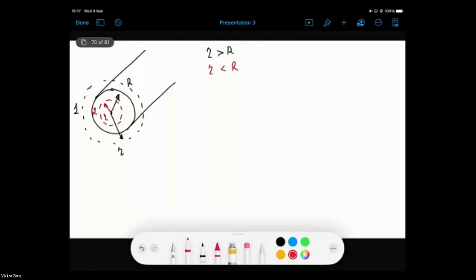So let us try first with the bigger closed loop, closed path, number 1.